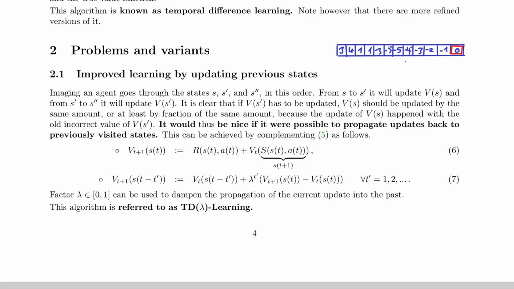Now that would in principle work in such a one-dimensional setting. You could start on this side and let it run once, and then it would learn all the different values in one go.